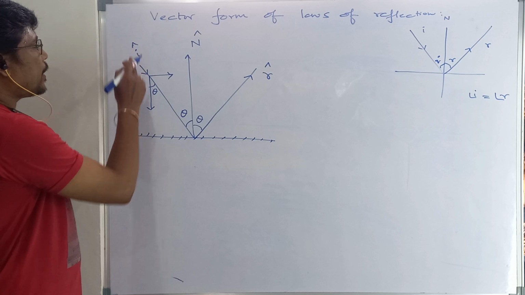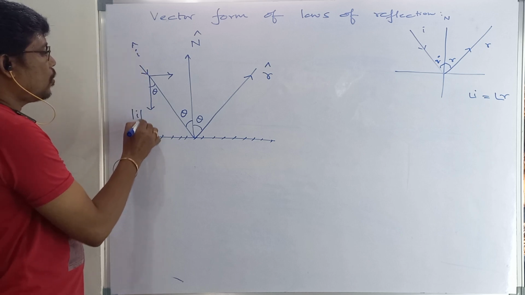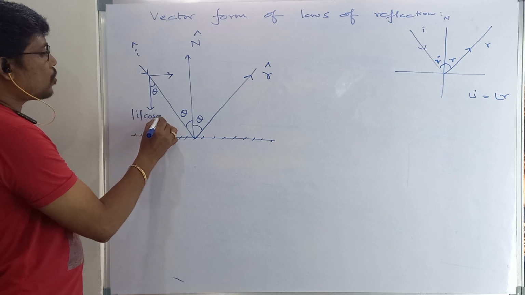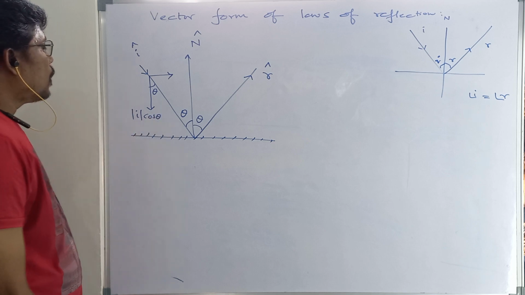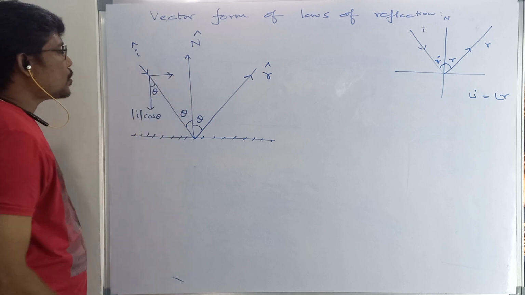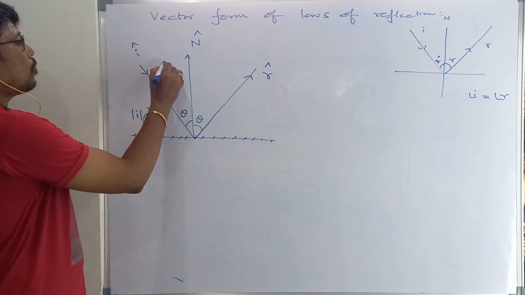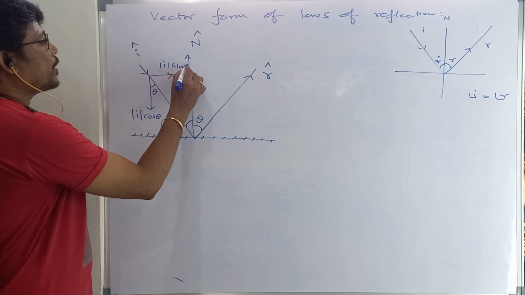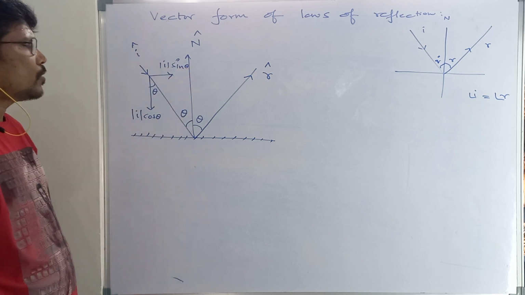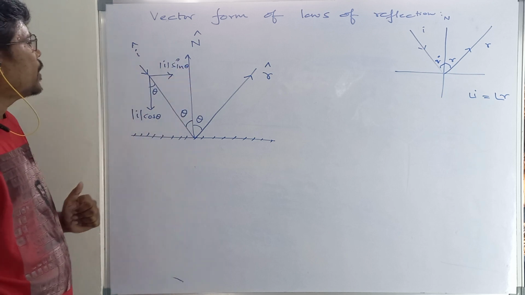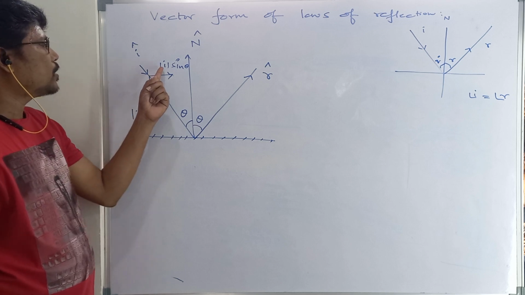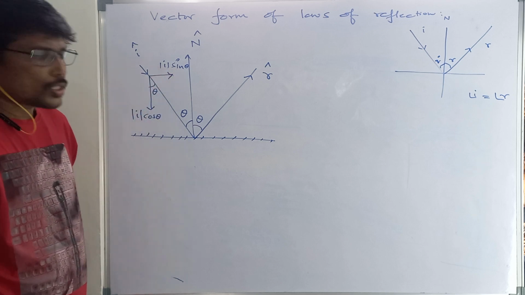Now this I can write as modulus of I cos theta, and this is modulus of I bar sin theta. You know very well this concept: resolving the incident vector into two components, parallel component and perpendicular component. This is I sin theta and this is I cos theta.